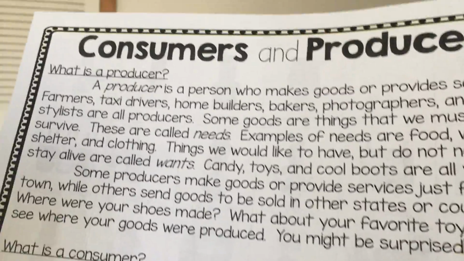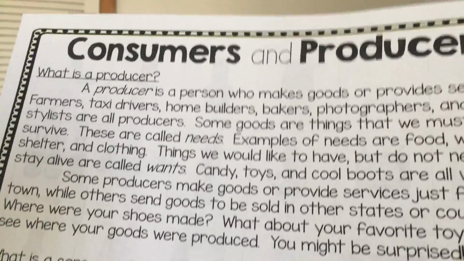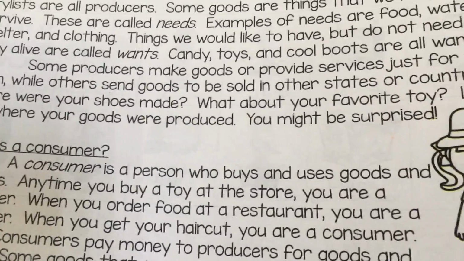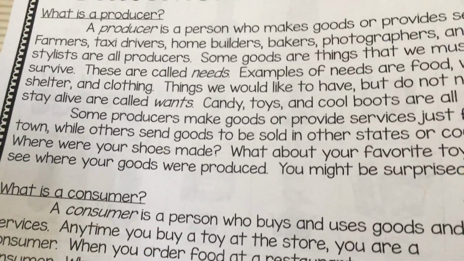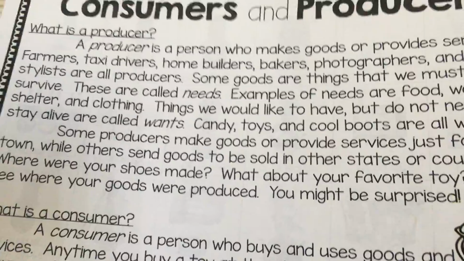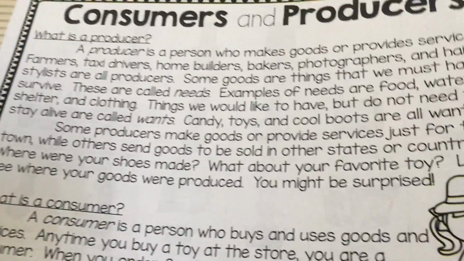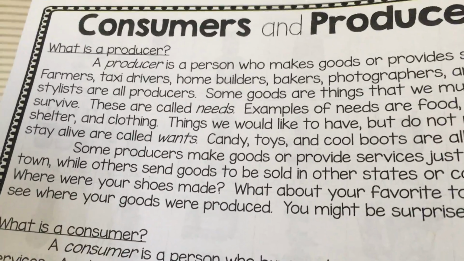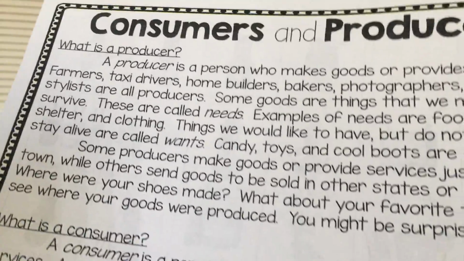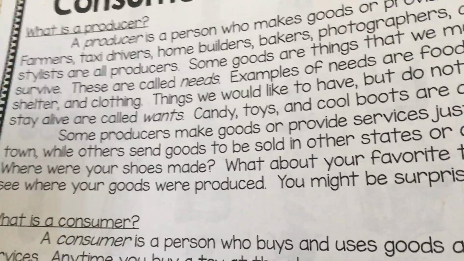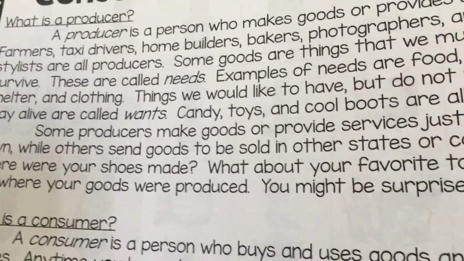Now, a lot of times, guys, our goods do get delivered here from other countries. So a lot of times, if they do come from other countries, they're going to say that. So it's good to take a look at some of the goods that you have at home, right? Some are made in China, and it specifically says that. So it's always good to take a look at where your goods are from.